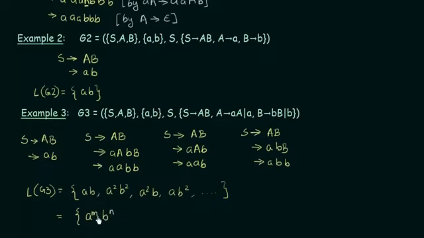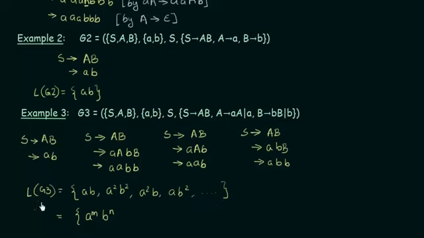Now why am I choosing different powers? I am choosing different powers because we see that in some cases the powers are the same, but in some cases the powers are different. Like for this, the power of A is 2, but the power of B is 1. So they could have different powers.